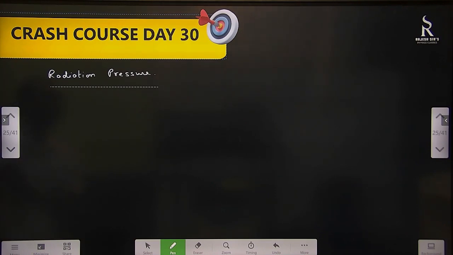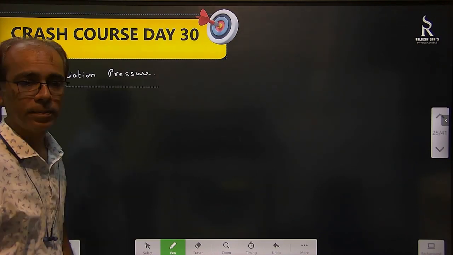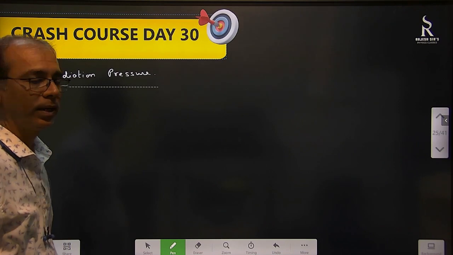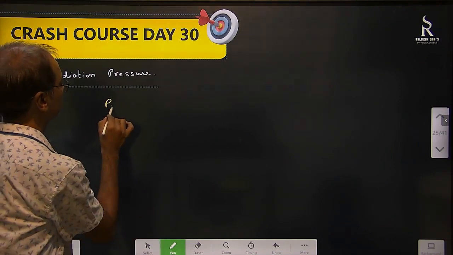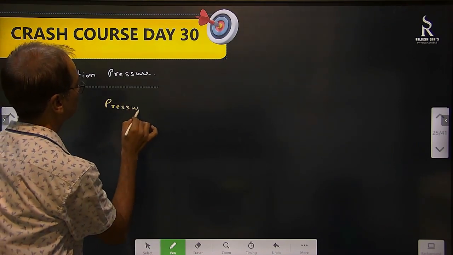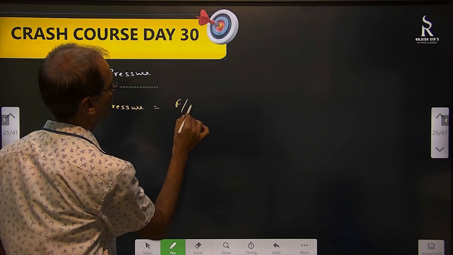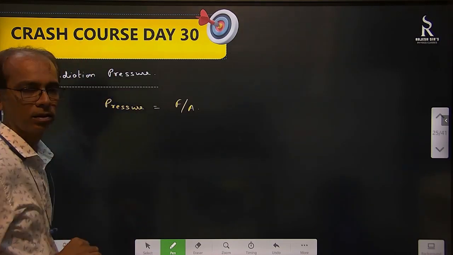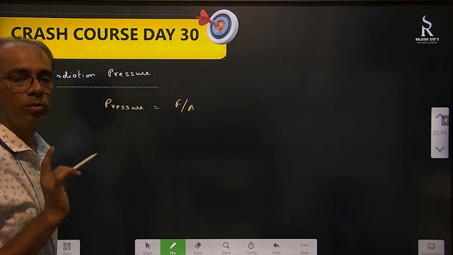Alright. Now radiation pressure. Pressure is what? Force by area, F by A. And force is what? Change in momentum per unit time.